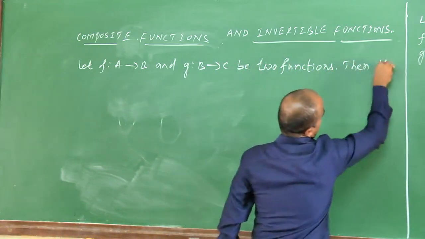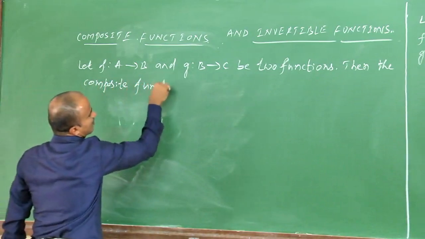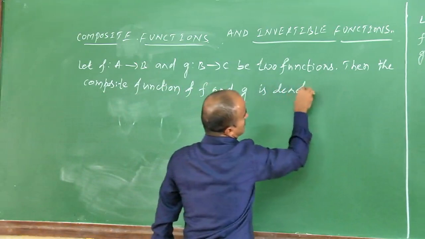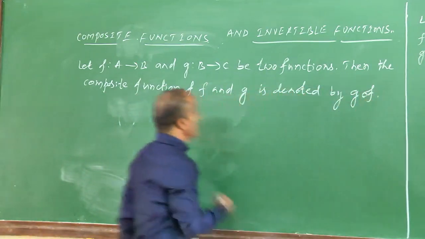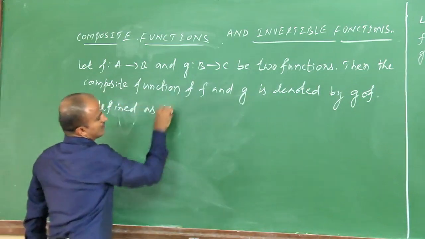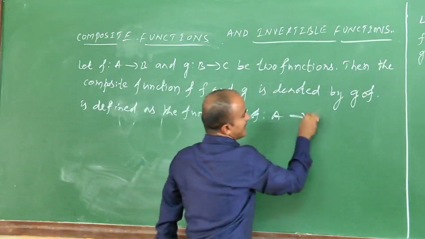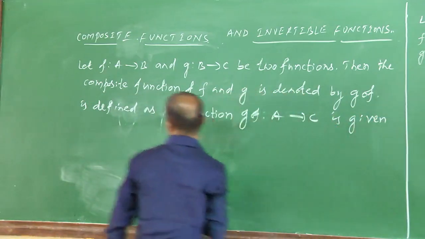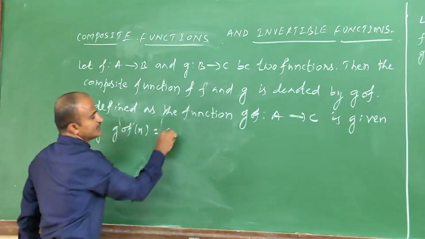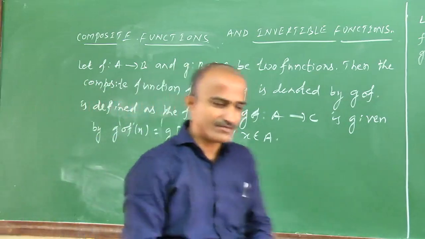Then the composite function of f and g is denoted by GOF, and is defined as the function GOF from A to C given by GOF of x equals g of f of x for all x belonging to A. Here GOF is nothing but a composite function.